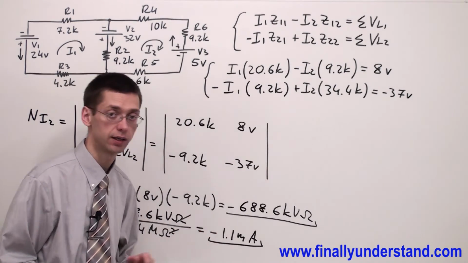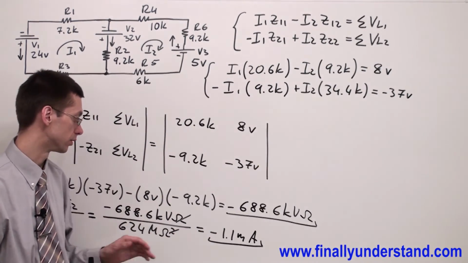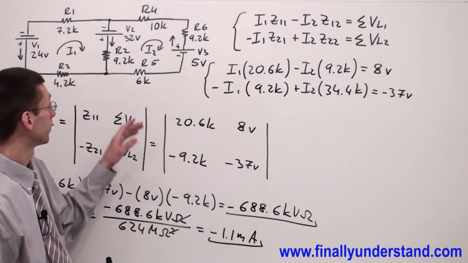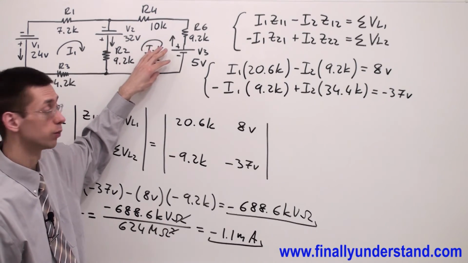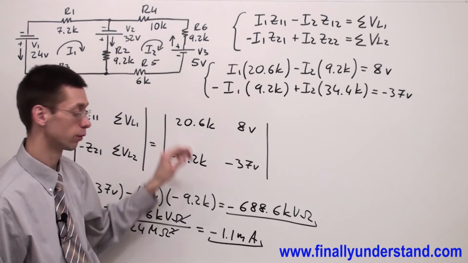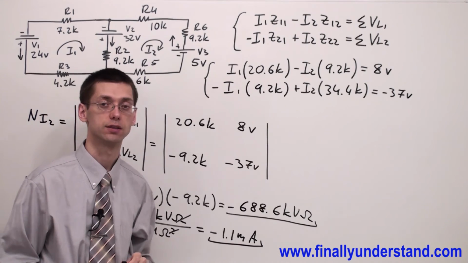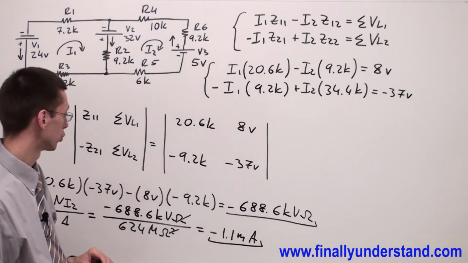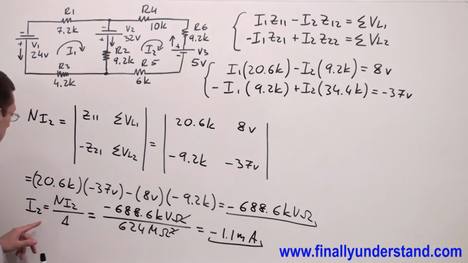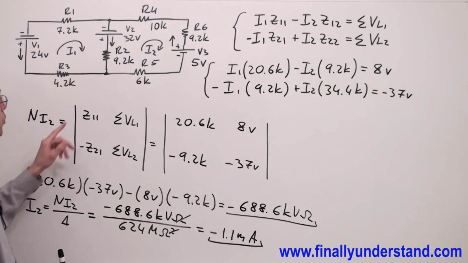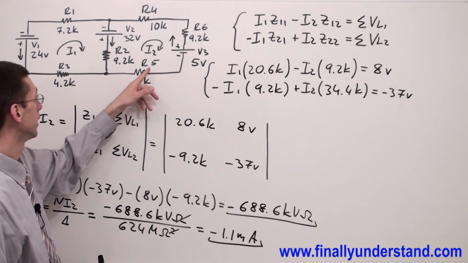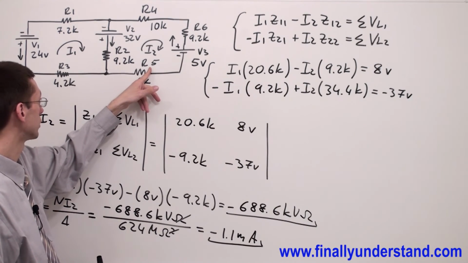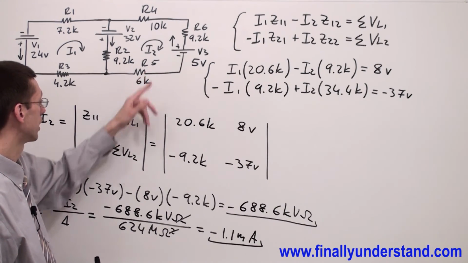This negative sign is telling me that in reality the current is not going to go clockwise in this loop. It's going to go counterclockwise. This negative sign is telling me that. Please also notice that I2 is equivalent to the current which will go through resistor R4 and is going to be equal to the current which goes through resistor R5.